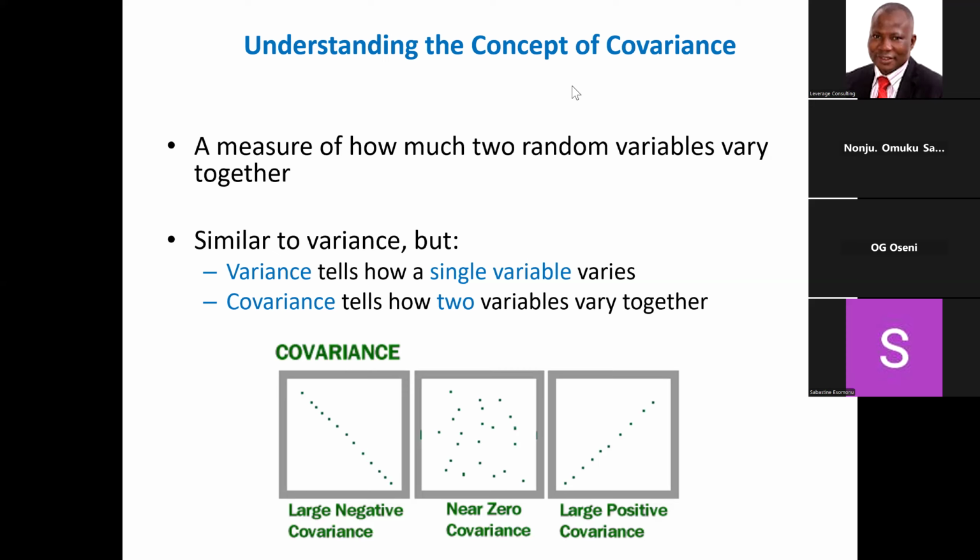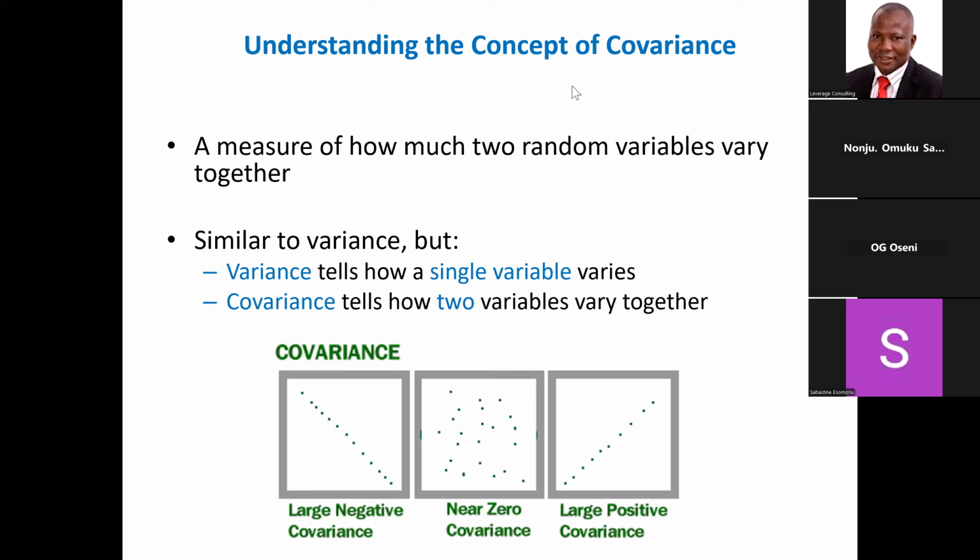If you calculate the mean of weight, then the variance and standard deviation, what the variance tells you is how the values of weight vary around that mean weight. The variance of height is how the values of height vary around the mean height.